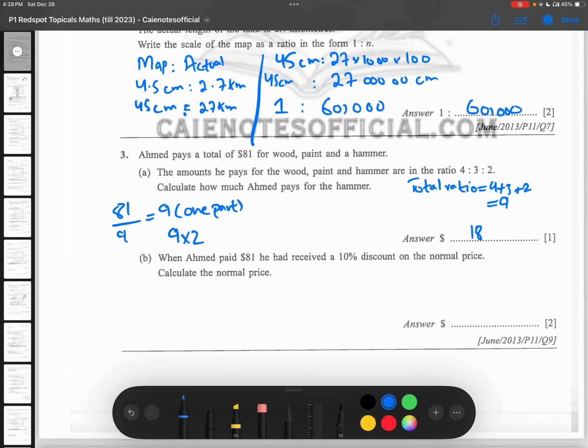When he received a 10% discount, he actually paid 90% of the normal price, and 90% of the normal price is 81. We need to calculate 100% of the normal price.